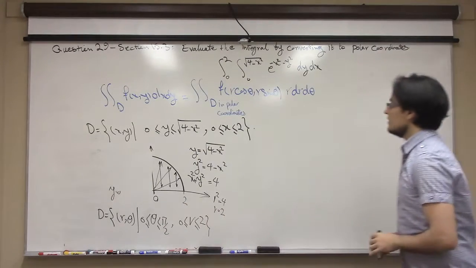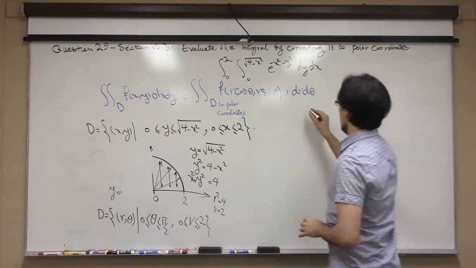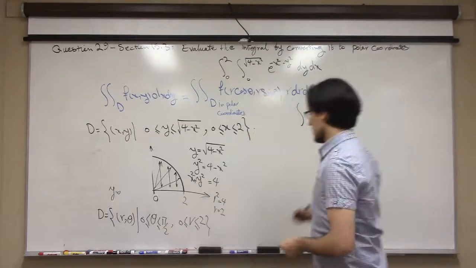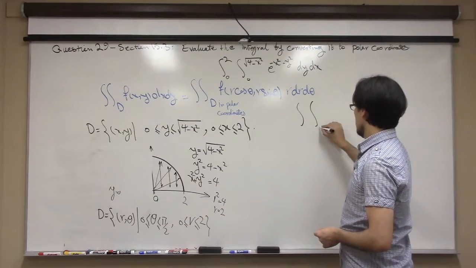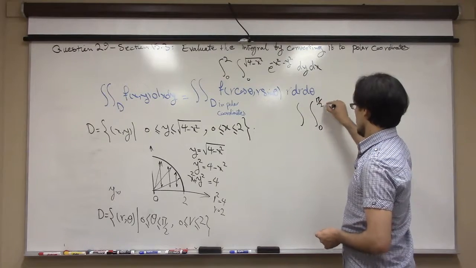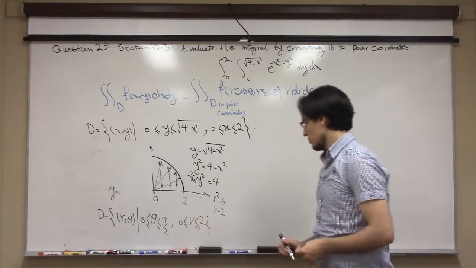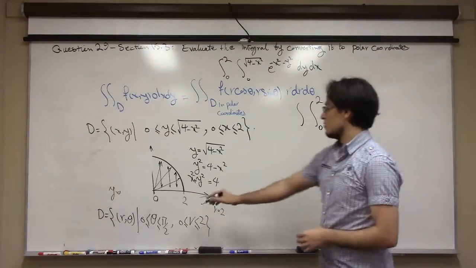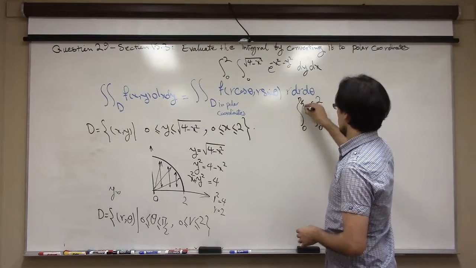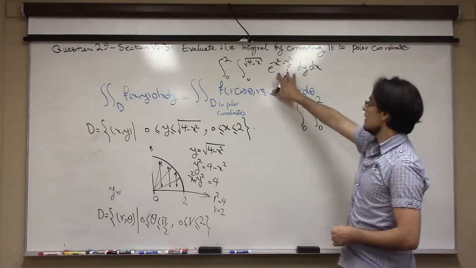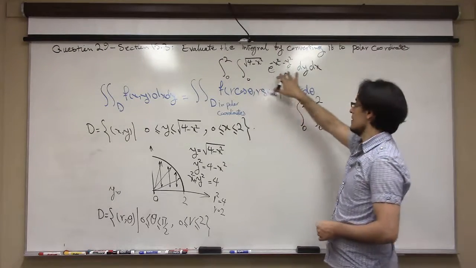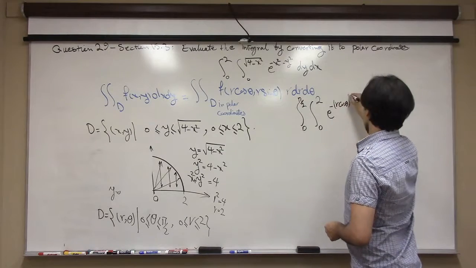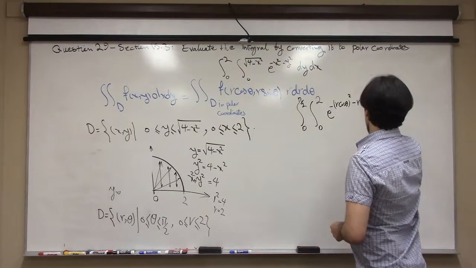Okay, then I can rewrite this integral now in polar coordinates. First thing would be rewrite the boundaries in r and theta variables. So my r goes from 0 to 2, theta goes from 0 to pi over 2, and in my integrand, this is the second step, I have to plug in r cosine theta for x, r sine theta for y.